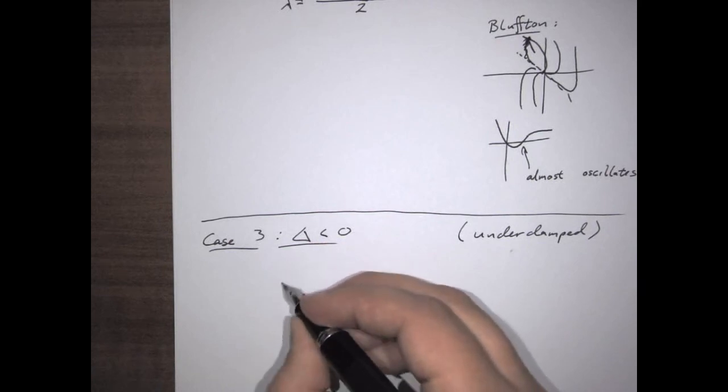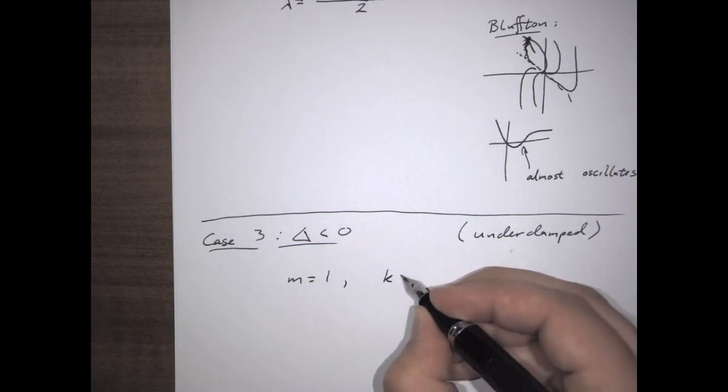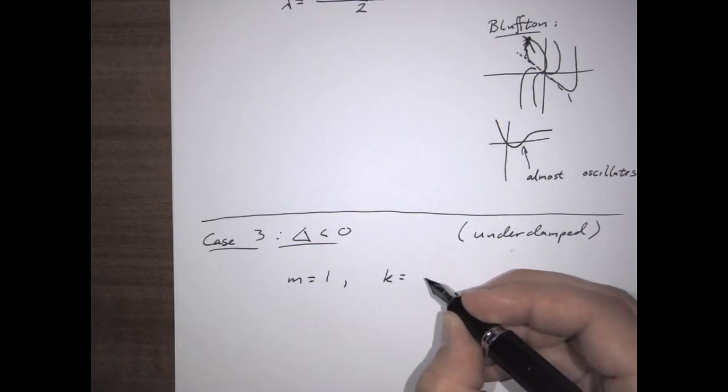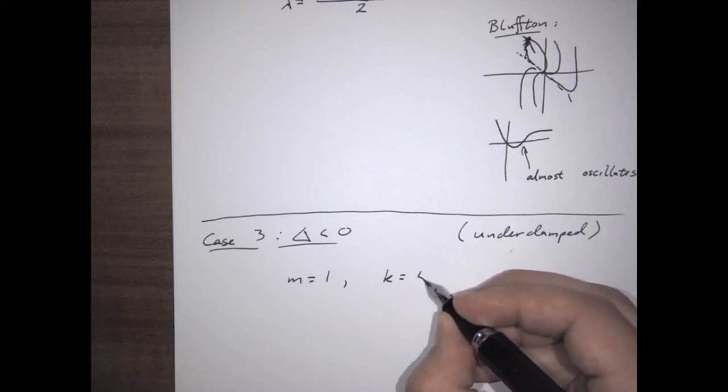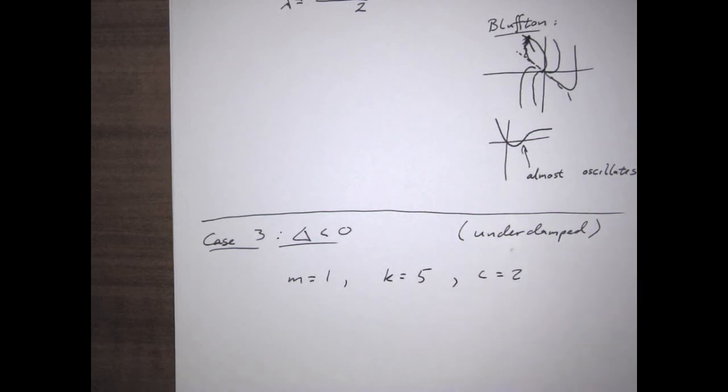And we can have a case of m equals 1, k equals 5, and c equals 2 for something like this.